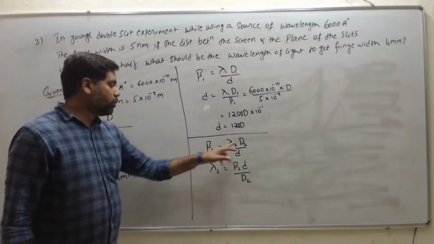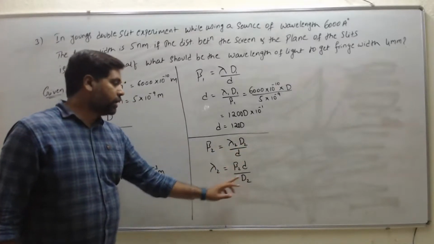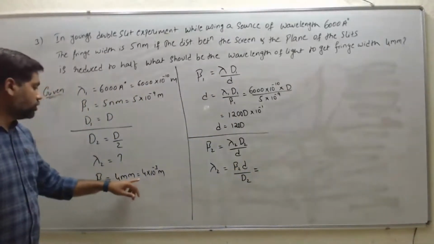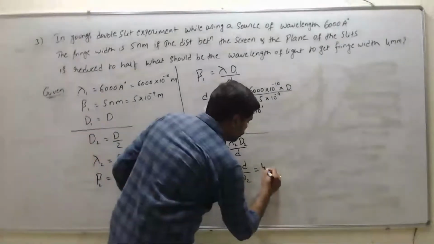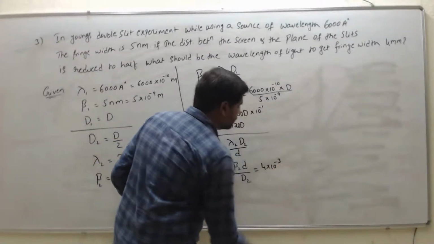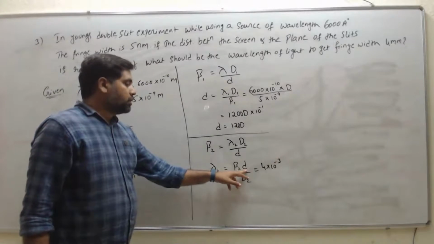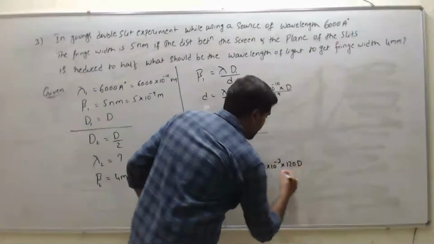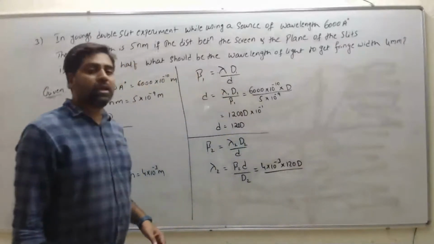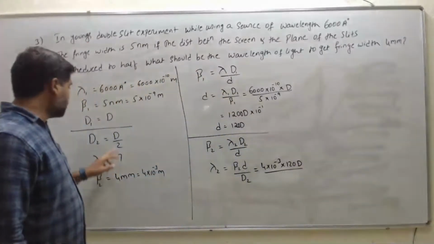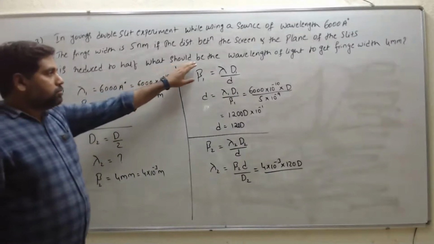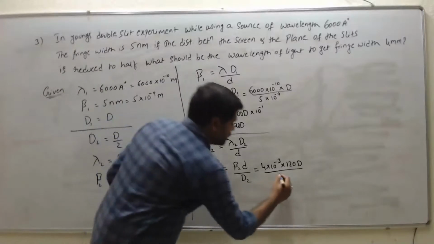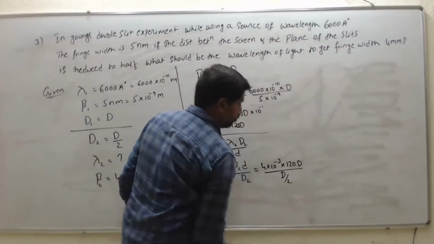We know beta 2 is 4 millimeter, that is 4 into 10 to the power of minus 3, and small d is 120 D. Here D2 is reduced to half, that is D by 2.